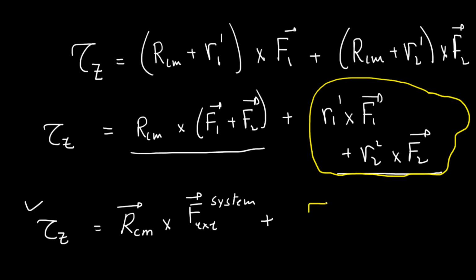We'll call it tau about the center of mass z, and this means that this is the torque as it appears to the person who is observing the motion from the center of mass, and this is what he observes is pure rotation.